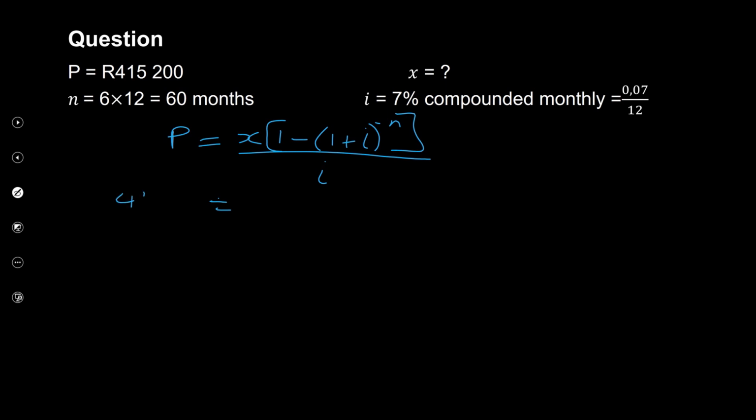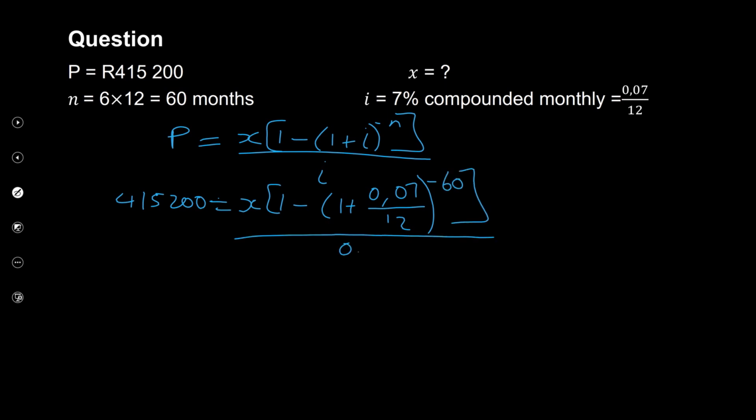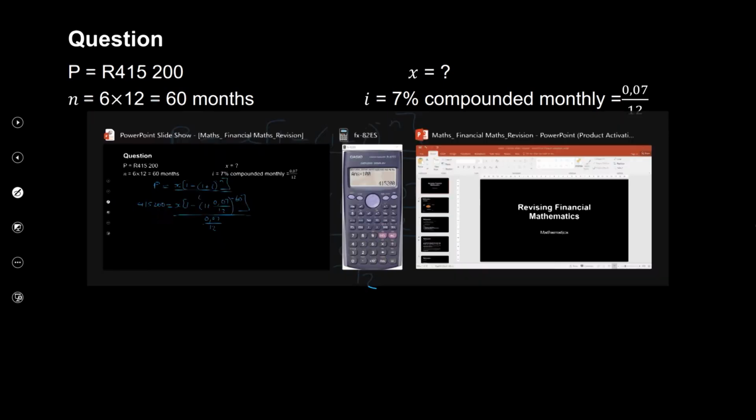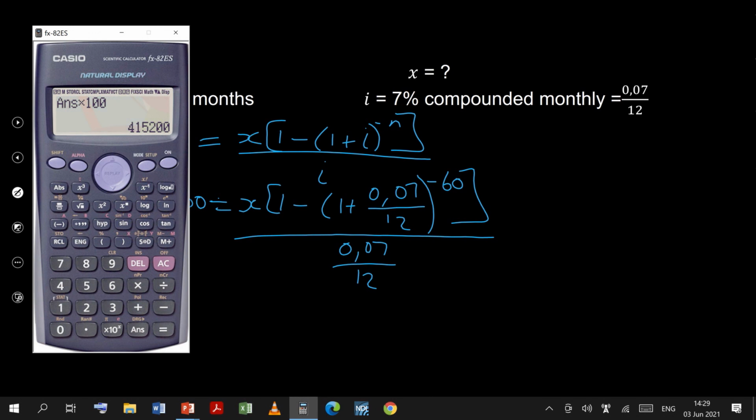This will be 415,200 equals x into 1 minus (1 plus 0.07 over 12) to the exponent of negative 60, divided by 0.07 over 12.